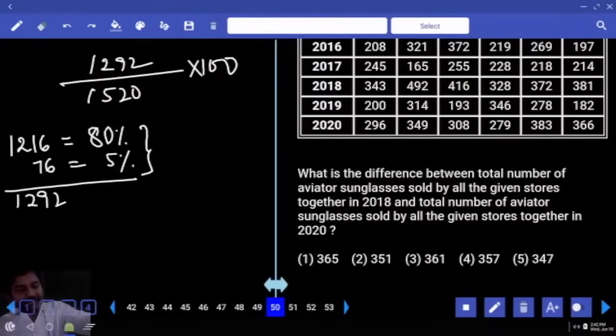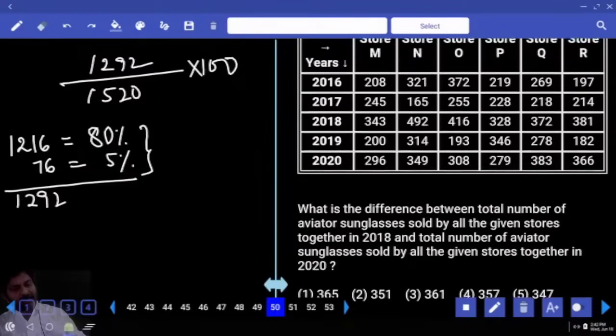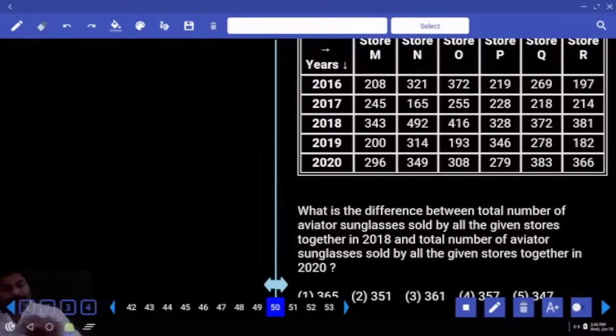What is the difference between the total number of aviator sunglasses sold by all the given stores together in 2018 and 2020? It is about difference, right? 2018, sum of all these numbers, again sum of all these numbers, and need to take the difference, correct?